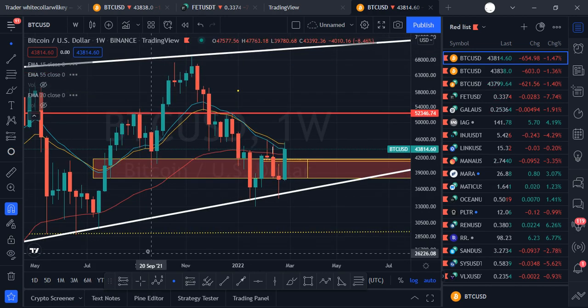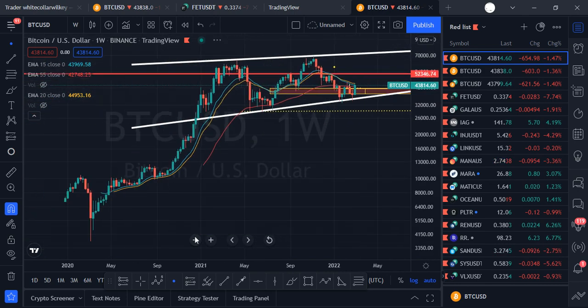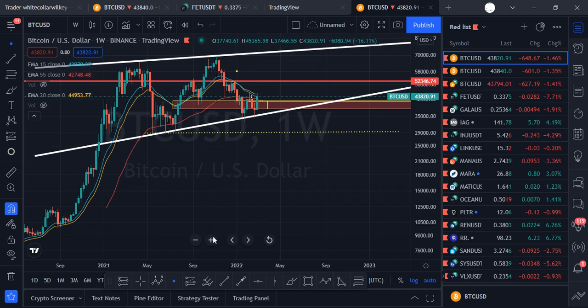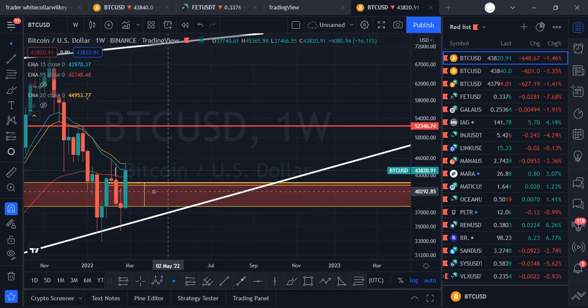So just going down to the weekly chart, zooming back out again, to have a little look at what's going on. That box was placed during the general decline down there.